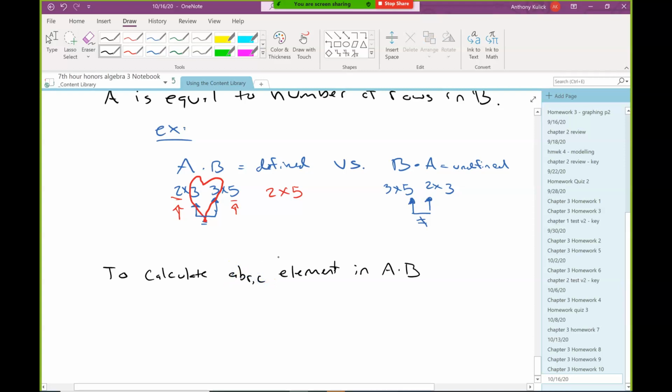Let me turn this into something that resembles grammar. Okay.